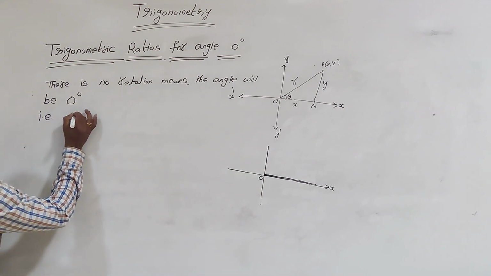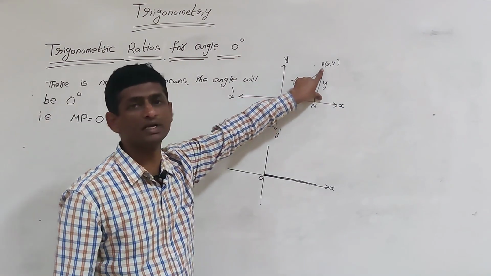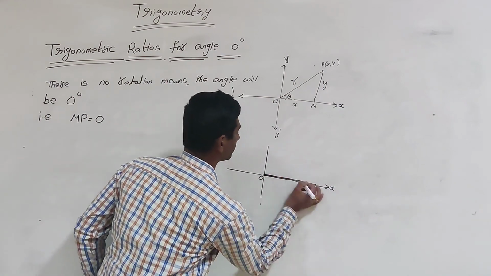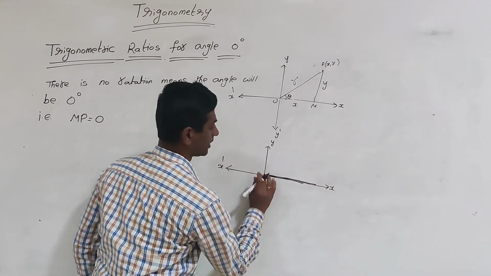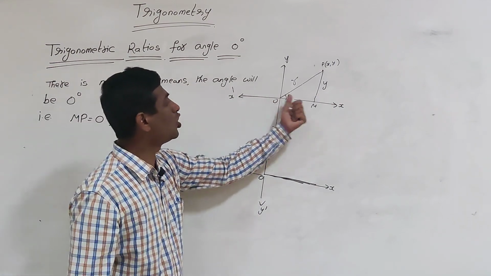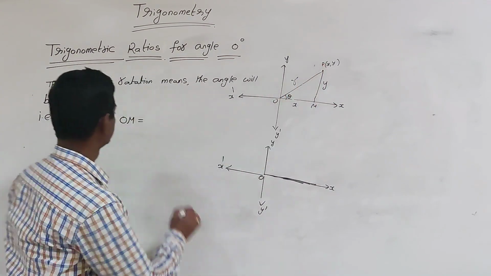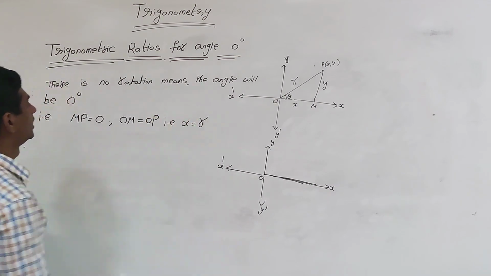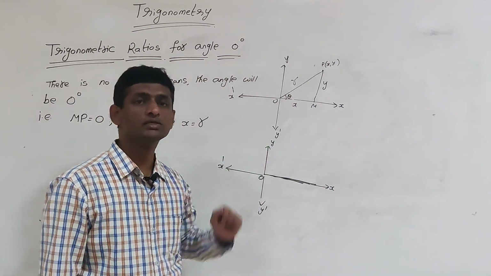That is, MP will be 0. The initial ray and terminal ray are on the same line. What other observation can we make? OM is the same as OP, that is x is equal to r. So these are the observations we can make for the angle 0.